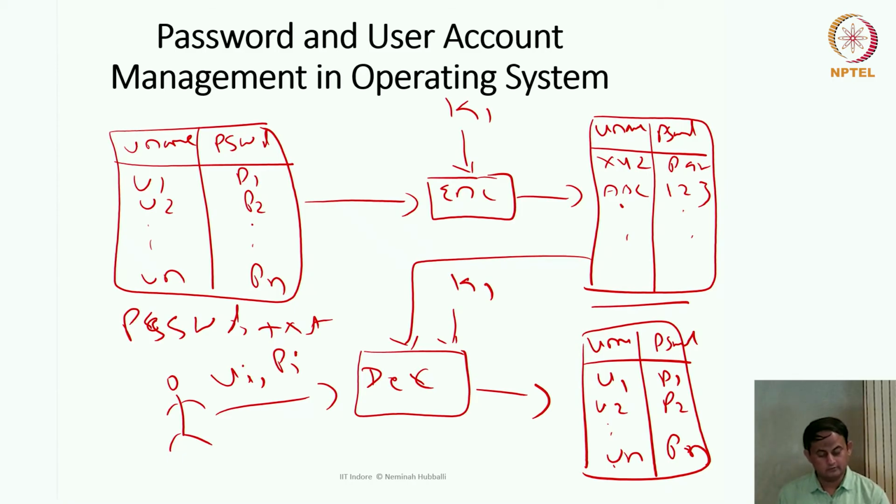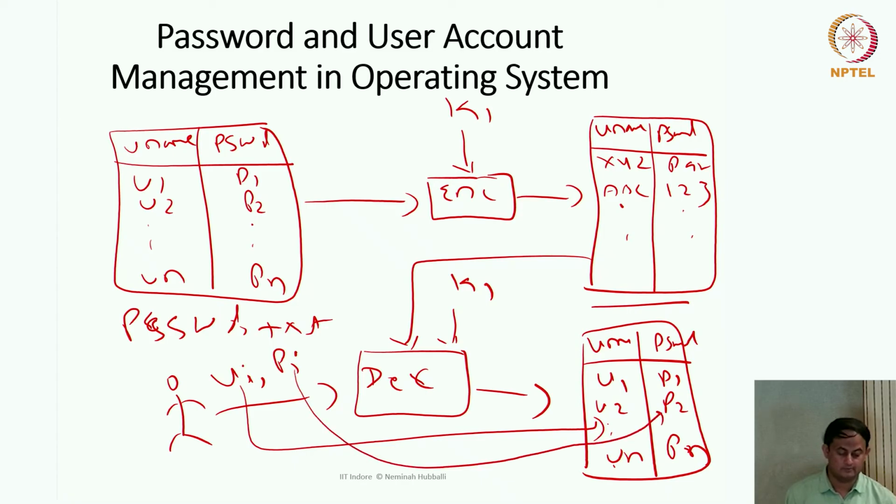Then once the file is in this format, I can check whether this is a valid username, and if so, what is the corresponding password of that user. I can check and verify. So at the outset, the decryption happens. The file is actually only in readable format when a certain user is logging into the system.